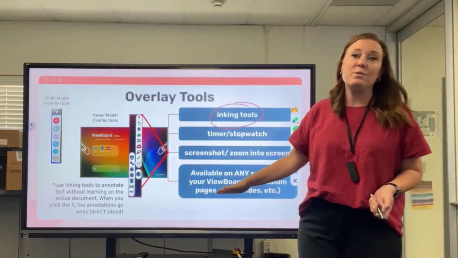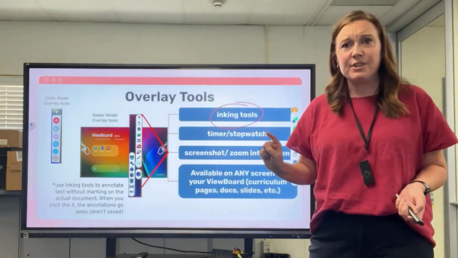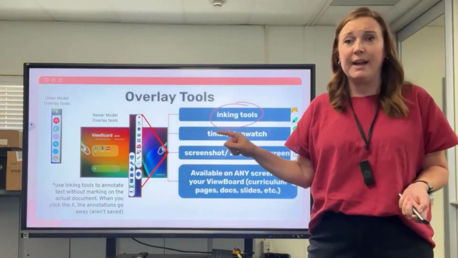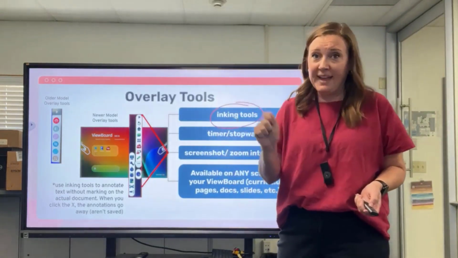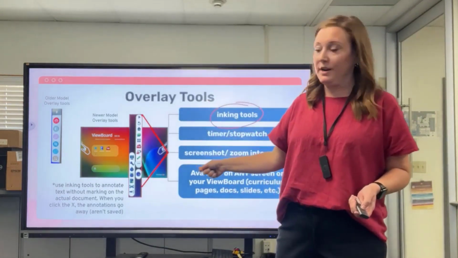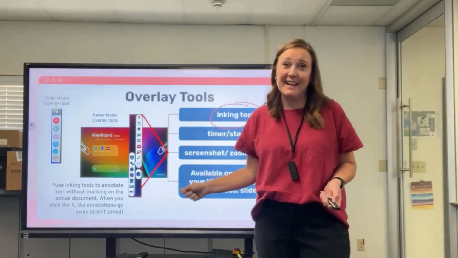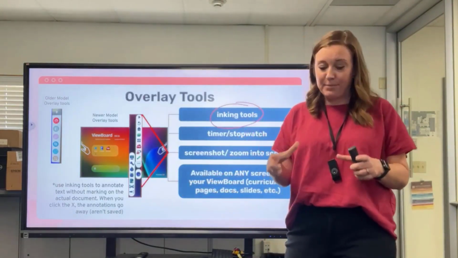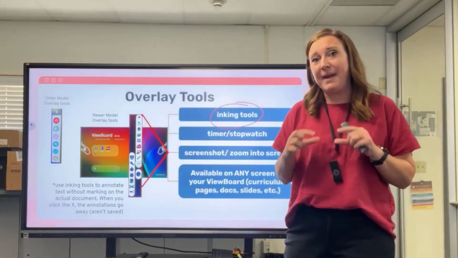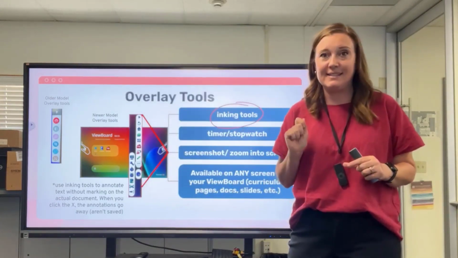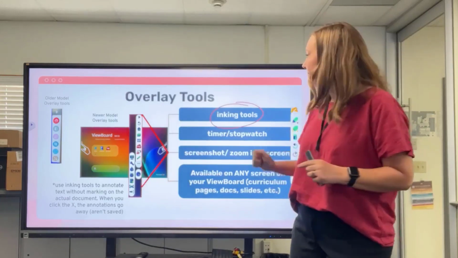Whatever it is I need to write on, I can use those overlay tools and just write right onto it. I can use my finger, or I can use the pen stylus that came with the board. If you don't have the pen stylus, check in that brown box that came with your ViewBoard. There should be a bag inside that has the stylus pens in it.